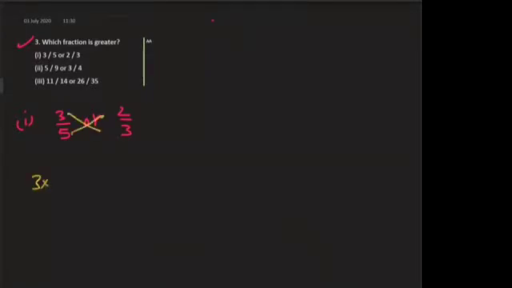So 3 into 3 and 5 into 2. 3 3s are 9 and 5 2s are 10. Which is greater, 9 or 10? Of course 10 is greater. So we can say that between 3 upon 5 and 2 upon 3, 2 upon 3 is greater, because the right hand side is greater. That is why the fraction which is at the right hand side will be greater.